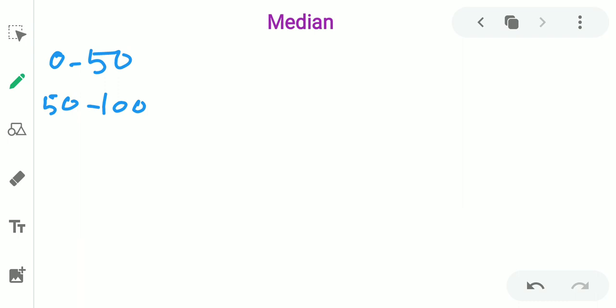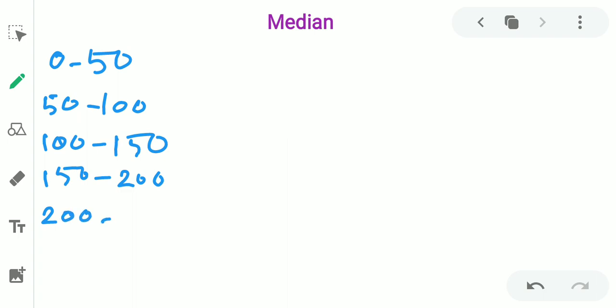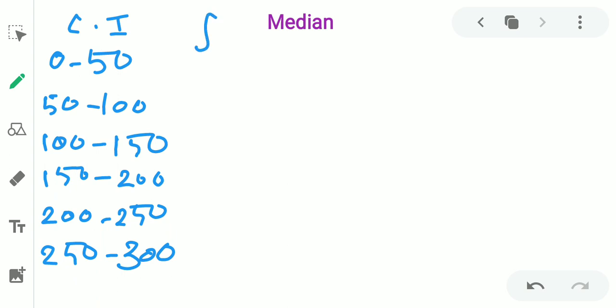We need to find out CF, so we have to make the table. 100 to 150, and 150 to 200, and next 200 to 250, and next 250 to 300. So this is all we got, and this is obviously the CI, and this is F, and now we are going to find out CF, that is cumulative frequency.